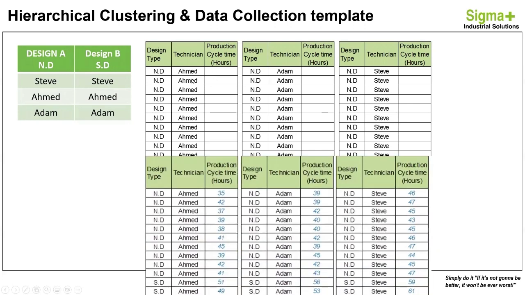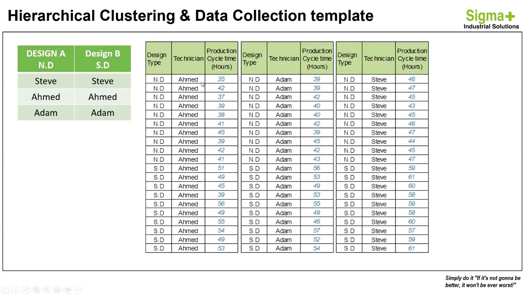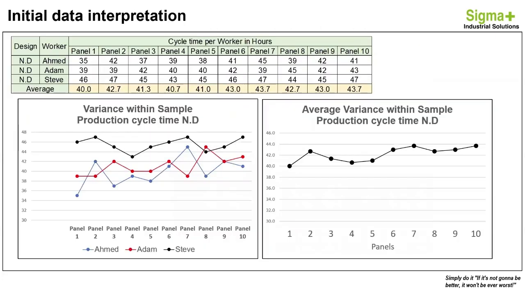So assume that we have already received the report from the production floor after a certain time, and now we are ready to start the first steps in the multi-vari chart. But just by looking at the numbers that we have, and that's the beauty of data collection in Six Sigma, we try to understand what the data is telling us.